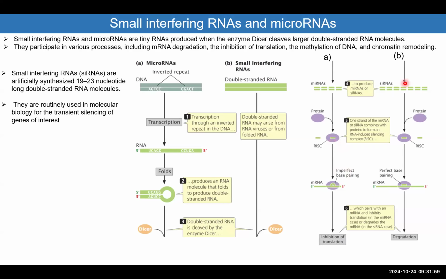When you have the dicing of the siRNA, then you will get these 19 to 23 base pairs into the RISC, and based on the sequence of that messenger RNA, it will recognize specific genes, not any random gene.